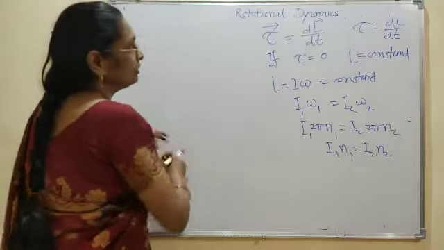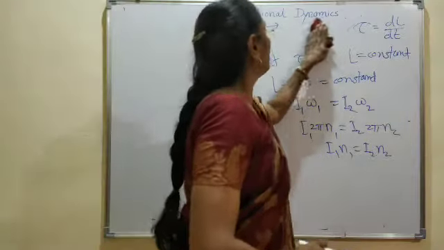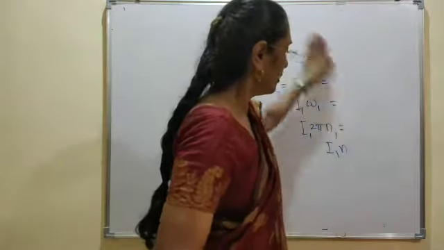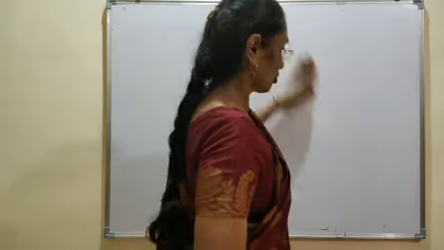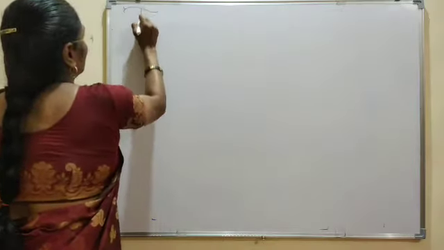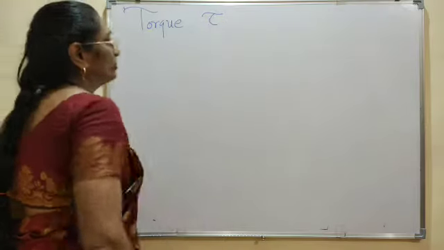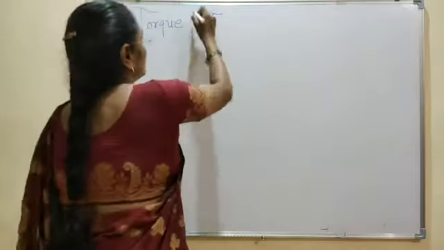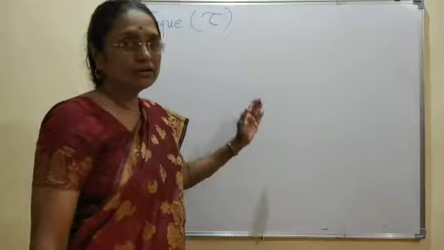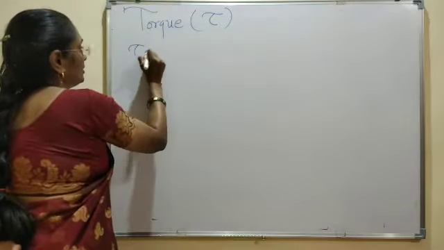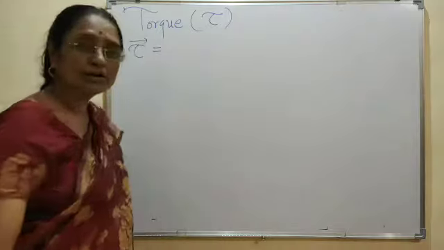Now the next quantity in this chapter is the moment of force, or torque. This torque is denoted by tau. We have just taken its introduction. Tau is a vector quantity.